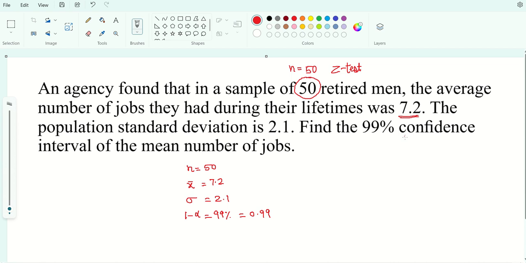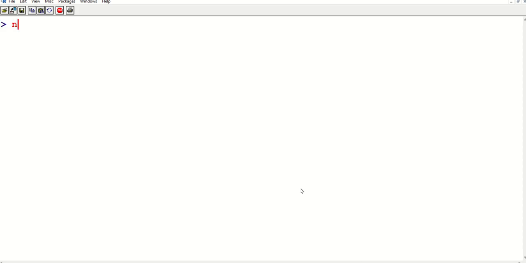Now what is the question? The question is to find the confidence interval for the mean. Clear? So first we will start by typing the data in the R program. n is equal to 50.